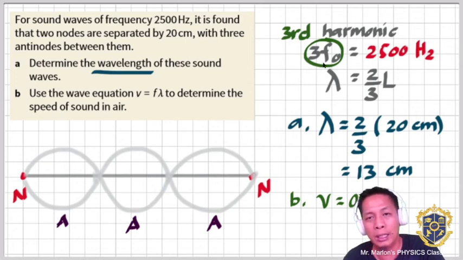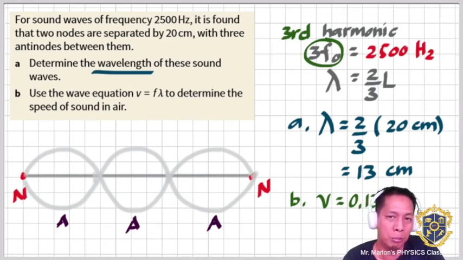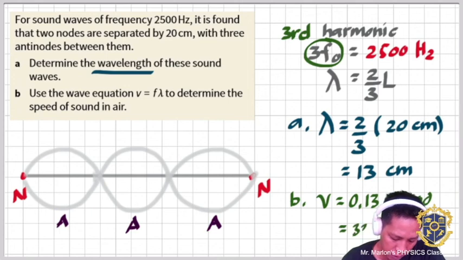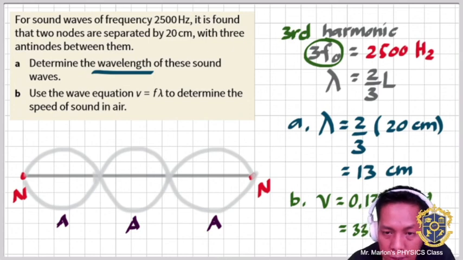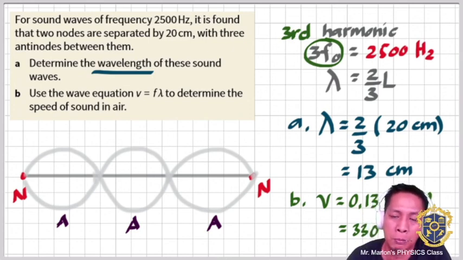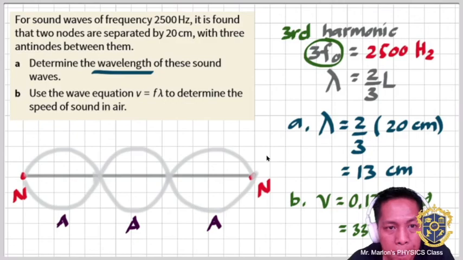We need the frequency of the wave in question. If you divide it by 3, then you will have the frequency of another wave, the first harmonic. What we want is the speed of this sound wave showing the third harmonic. So we multiply this by 2500, and therefore we have in the end 330 meters per second.